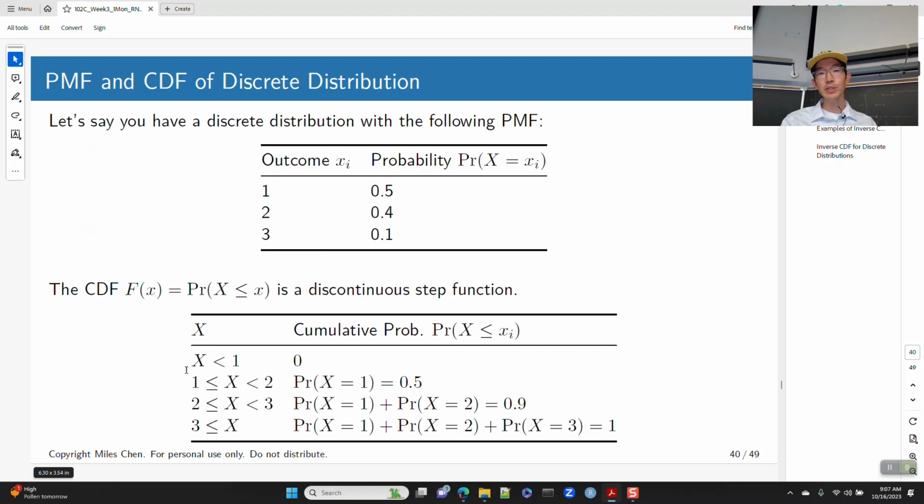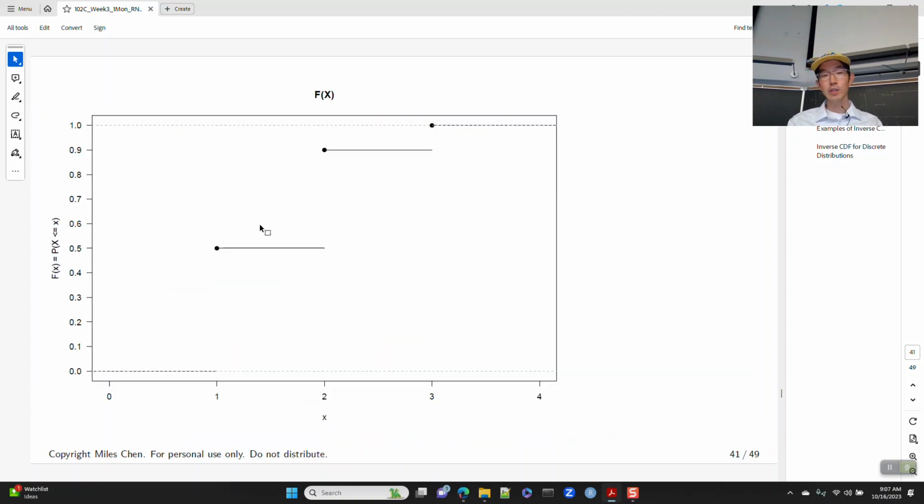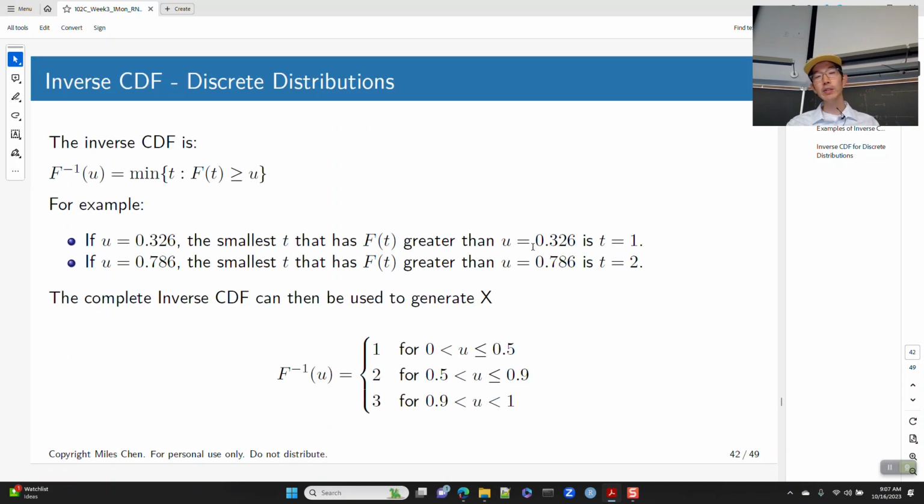It is the probability that a random variable x is less than 0.7, and there's zero probability of that because the smallest possible value is 1. So plugging in 0.7 is not going to work. So the very smallest value of t such that the CDF of t is greater than 0.326 is t equal to 1.